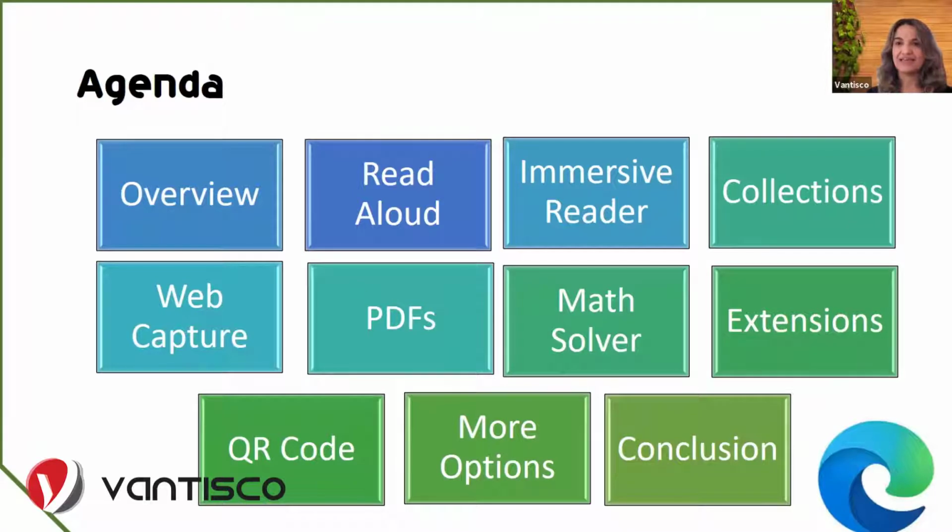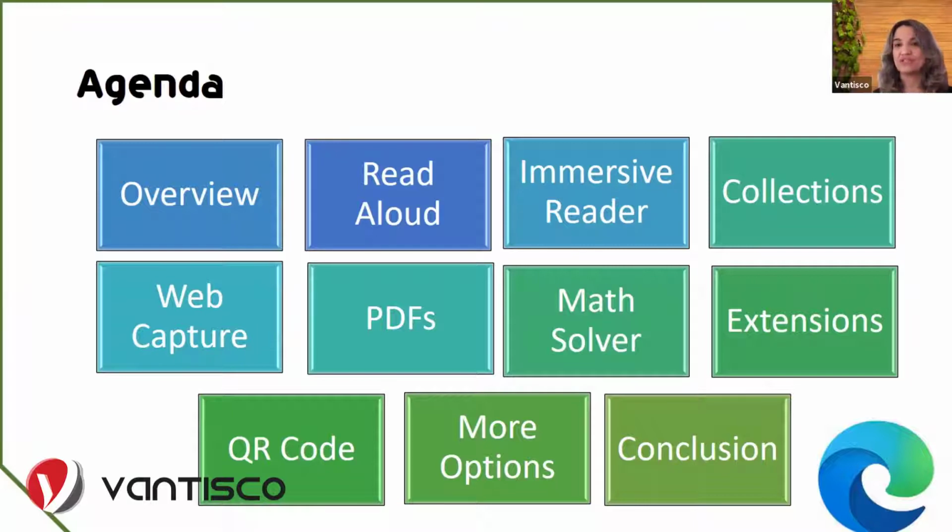Moving to the agenda, we're going to start with an overview. We're going to talk about Read Aloud and Immersive Reader tools. Then we're going to move to collections, how to create collections. Then we're going to see together how to use web capture, and we're going to talk about inking on PDFs.